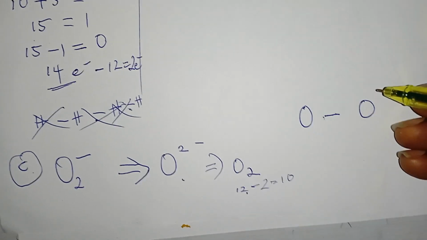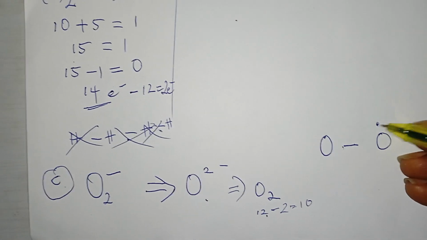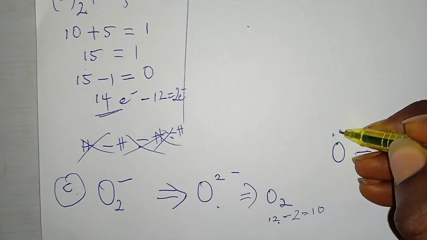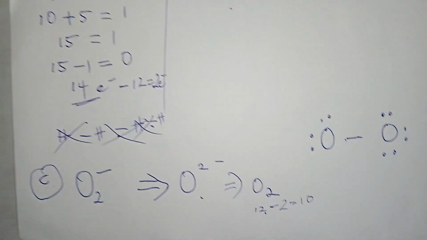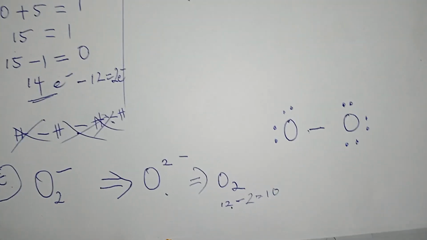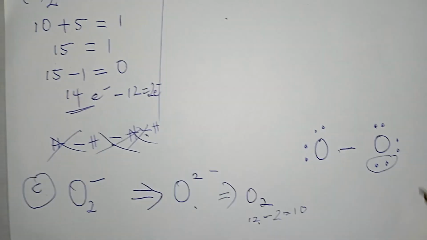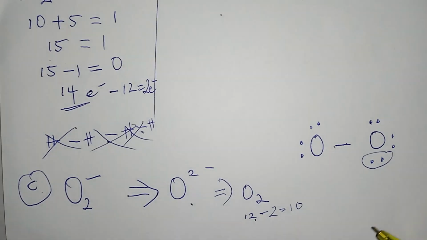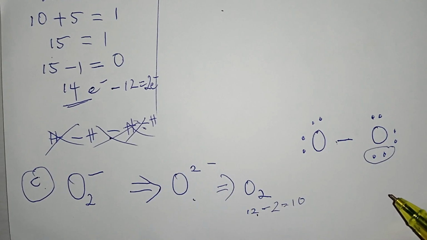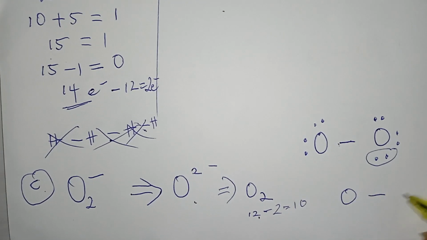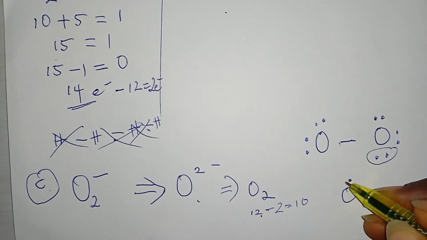I will now say 1 2 on the right terminal, 3 4 5 6 7 8 9 10. So notice this, I've exhausted the electrons. Once you've exhausted the electrons, the next thing is to carry the lone pair, so that I redraw this now.